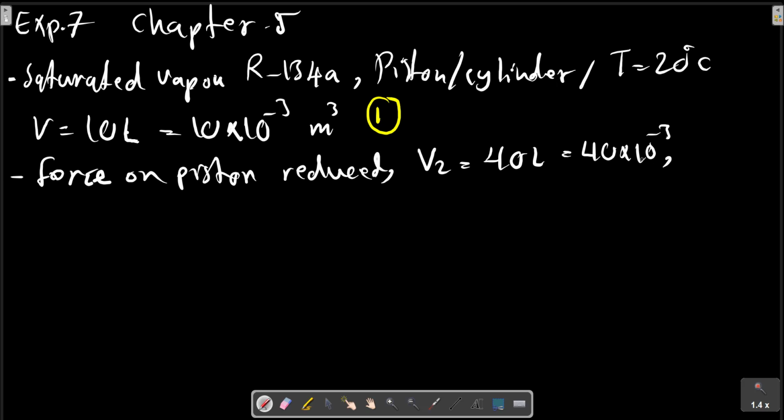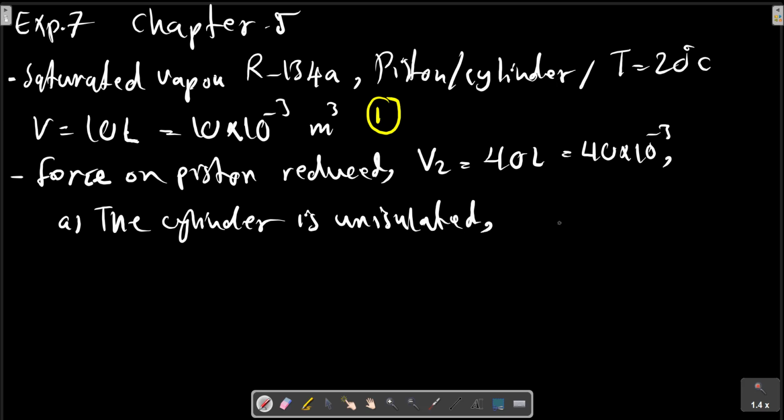We will consider two different situations. A: the cylinder is uninsulated. In addition, the external force is reduced very slowly, so we have a quasi-equilibrium process.